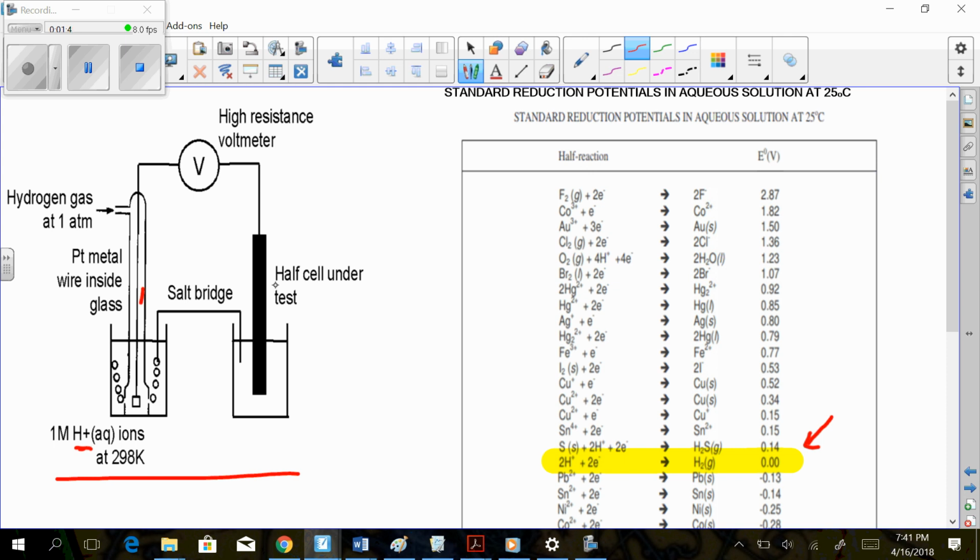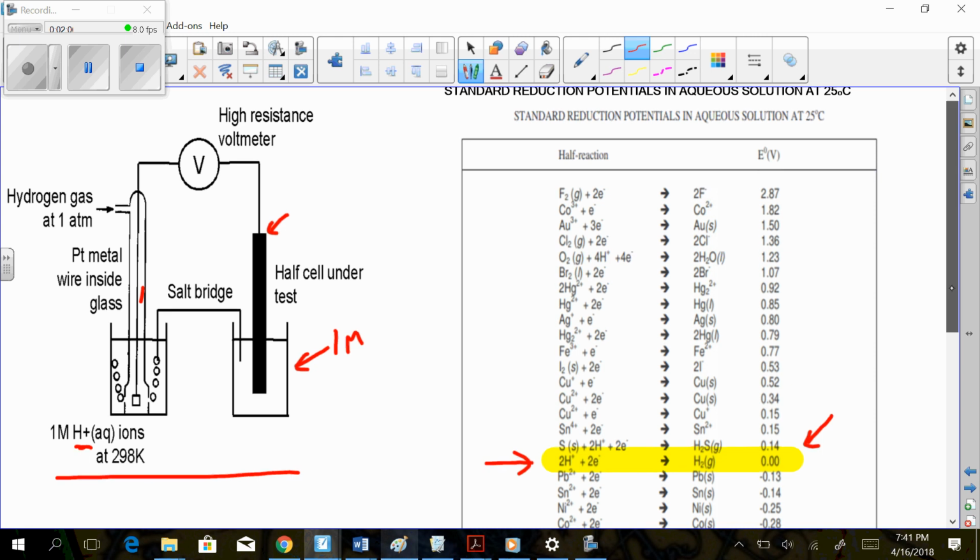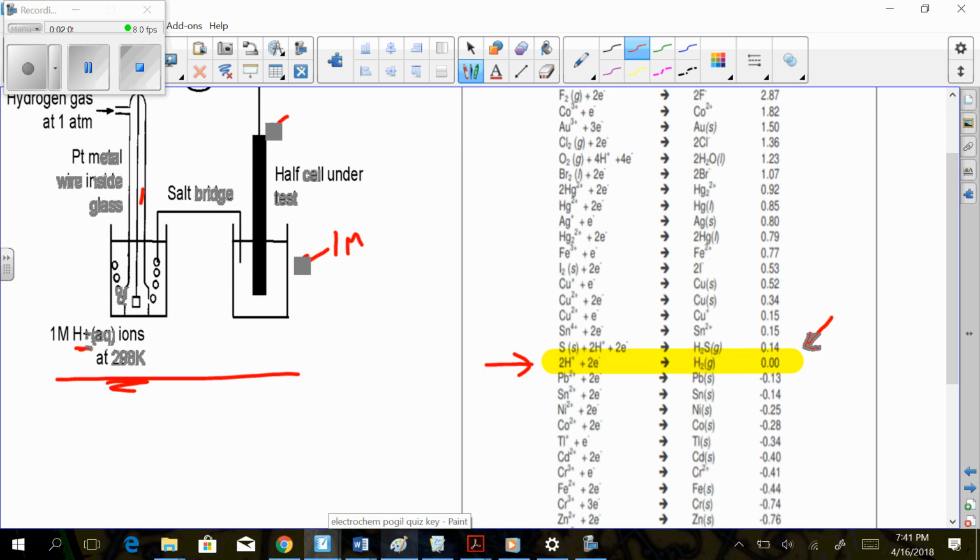If you put any metal here and a solution of ions of that metal, specifically a 1 molar solution, you can figure out, based on the fact that the hydrogen is zero, the reduction potential of any of those metals. That's what that's based on. The hydrogen cell is not exactly a practical thing, but it was used as the standard.